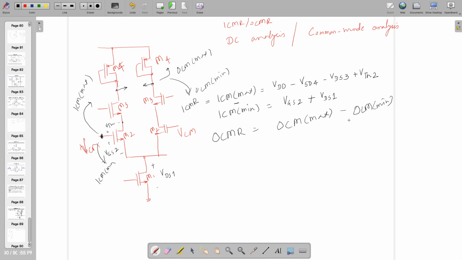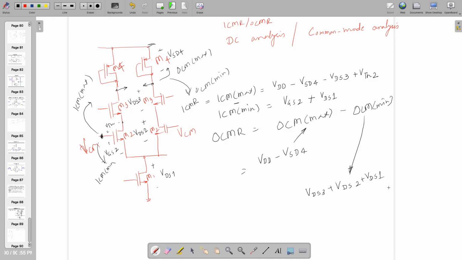If you are interested in this, you can start from here. This is nothing but VDD minus VSD4, which is going to be equal to OCM max. In the case of OCM min, you have to start from here. So it's equal to VDS3 plus VDS2 plus VDS1.